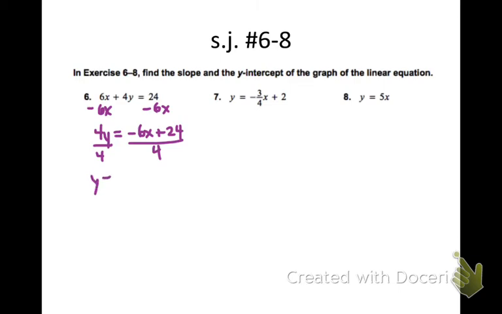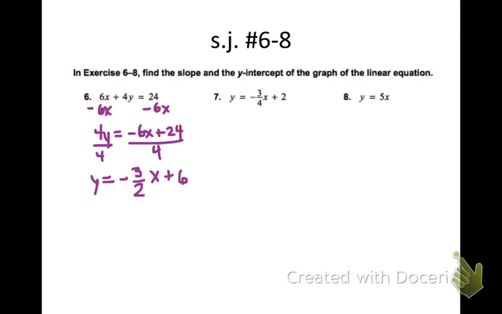So y is equal to, now negative 6 over 4 simplifies to negative 3 over 2, and it's probably better to keep it in the fraction form because of that rise and run, and when we start to graph them, it'll be easier. If you want to write it as a decimal, it's not necessarily incorrect, it's just harder to graph. And then don't forget to do 24 divided by 4, which is a positive 6.